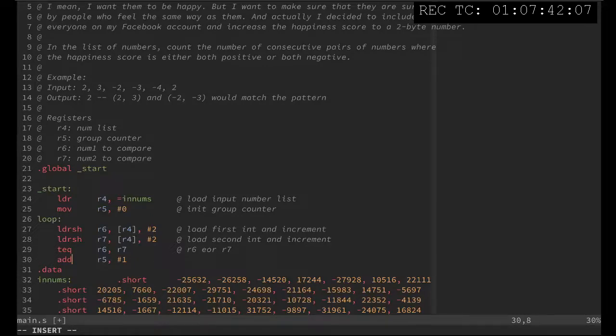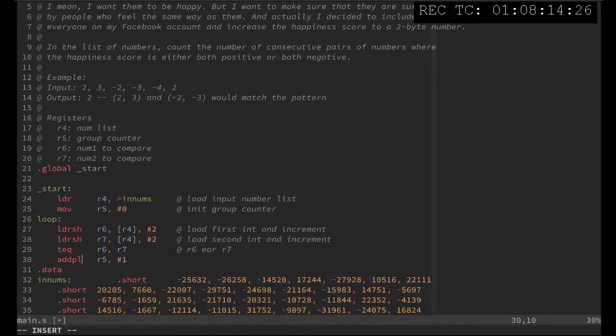Because if the exclusive OR results in a bit that has the most significant bit as a 0, then we have the same number. If we have a result from the XOR that has a 1 in the most significant bit, then they're different. And that most significant bit is what sets the negative flag. And so we only want to add 1 if that negative flag is 0.